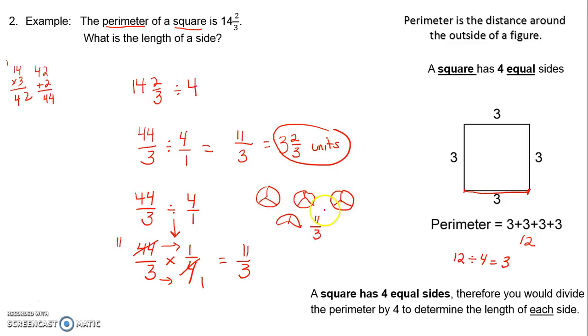You can see that that's 3 whole circles and 2 thirds of another. So when you take your perimeter of 14 and 2 thirds and divide it by 4, you come up with 3 and 2 thirds units on each side.